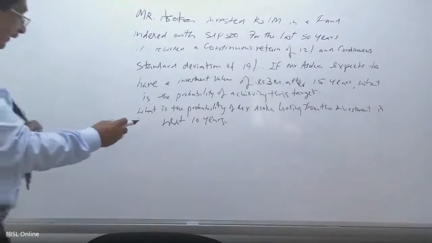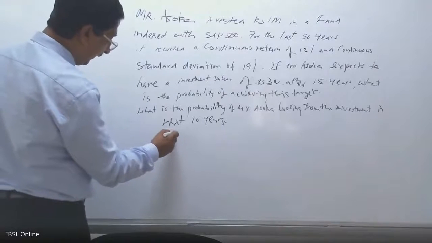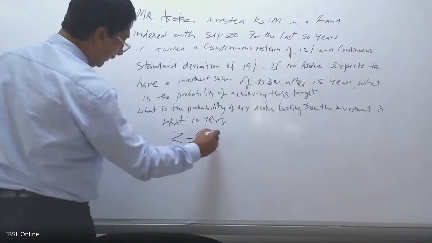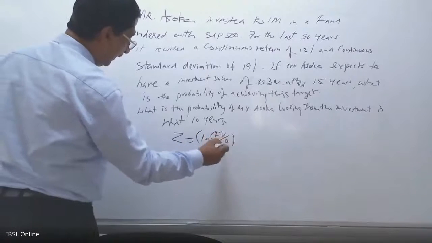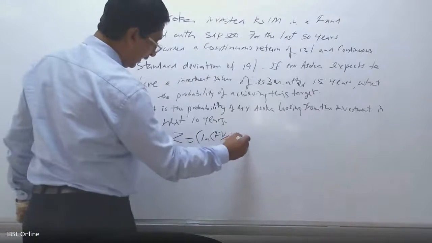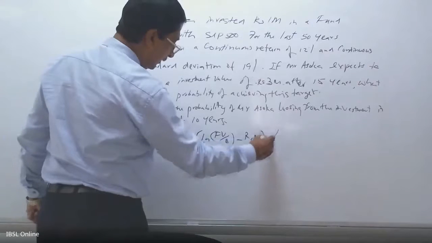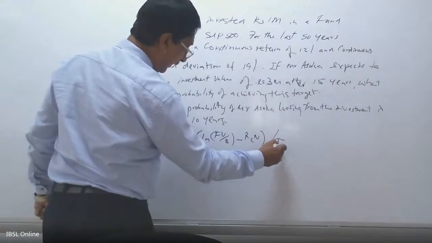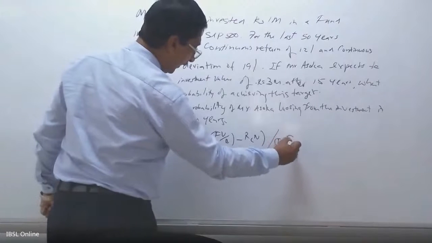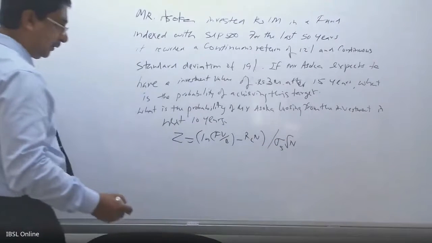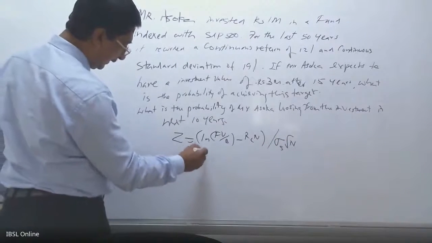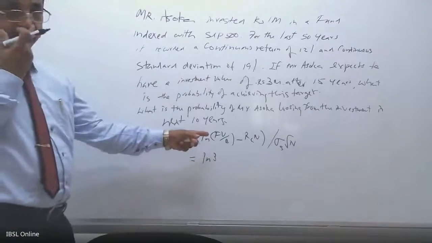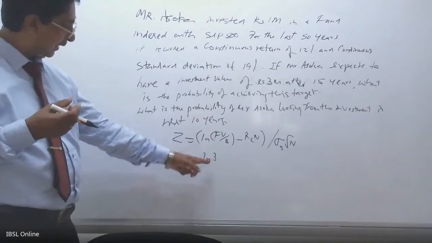Now, when you write these things, you get a familiarity of using it. Log FV divided by B minus RCN divided by sigma S square root of N. And just see, this is log 3 because 3 million divided by 1 million comes to 3.